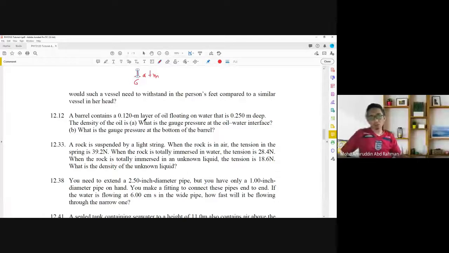The pressure is 706 Pascal. And for B, what is the gauge pressure at the bottom of the barrel? So this one is 3.16 times 10 to the 3 Pascal.